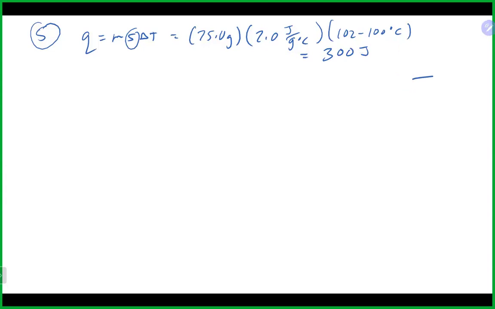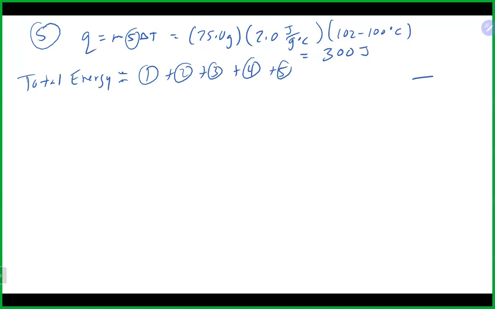If I wanted the total energy, what I need to do is add up all the steps, right? So if I want the total amount of energy required to do all of the transitions, it would be the energy of step 1 plus step 2 plus step 3 plus step 4 and step 5. And if we do that, let's just add that up.